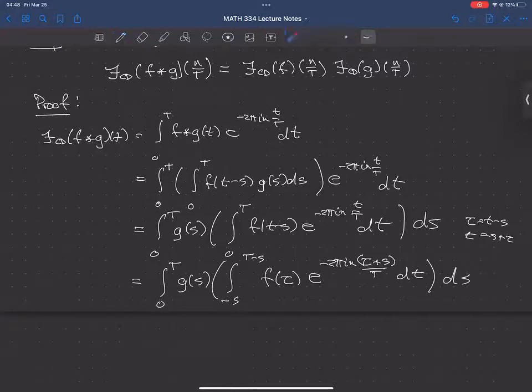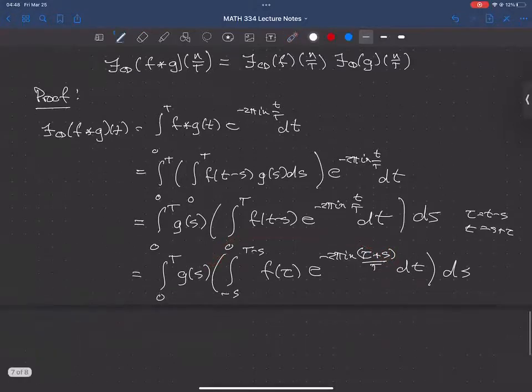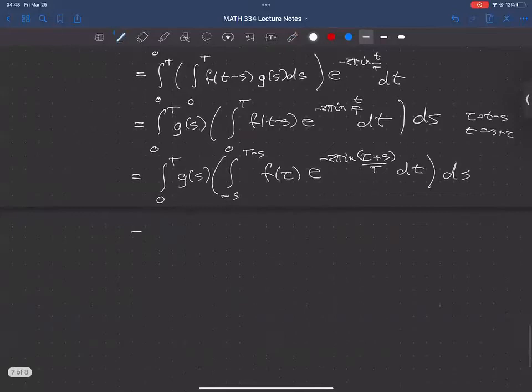And now, of course, what I'm going to do is take the e to the 2 pi i n s outside the integral here.